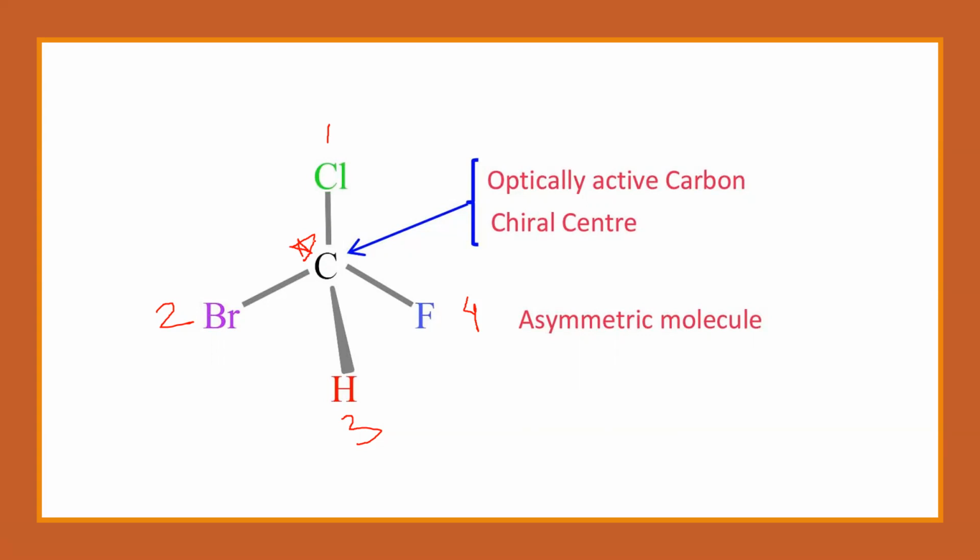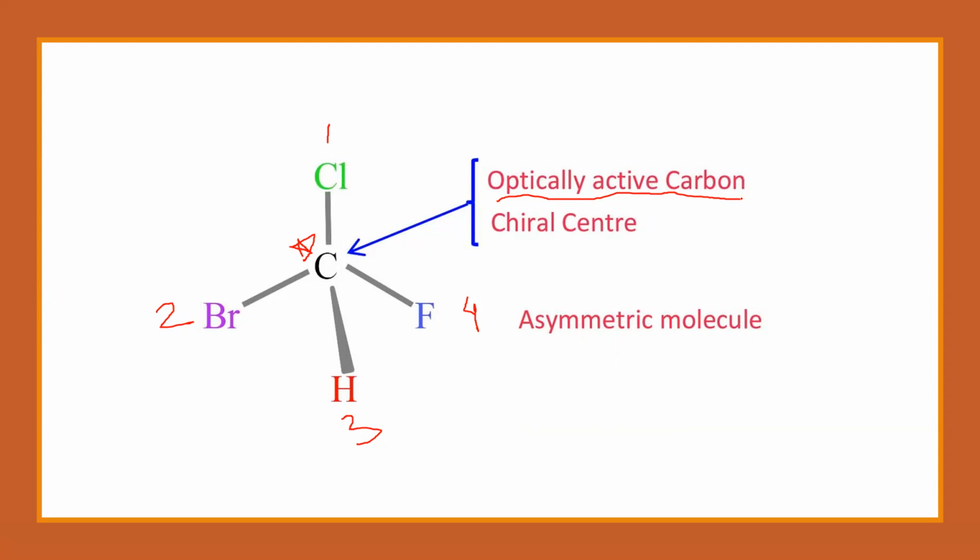Clear? Such a carbon is called an optically active carbon, and the compound is found to be optically active. The compound shown here is found to be optically active. Now, what is an optically active compound?